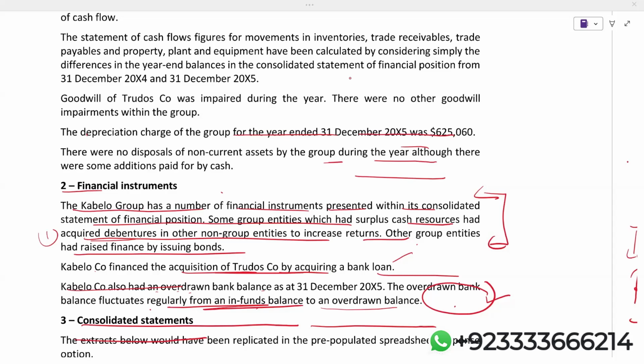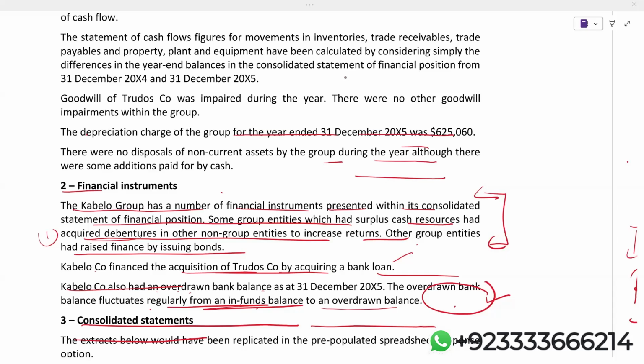Plus, if you recall, I made a commitment that we will be conducting 7 live revision classes only on consolidation, and today's class was the 6th one. In the first 2 classes, we covered all the concepts of consolidation.